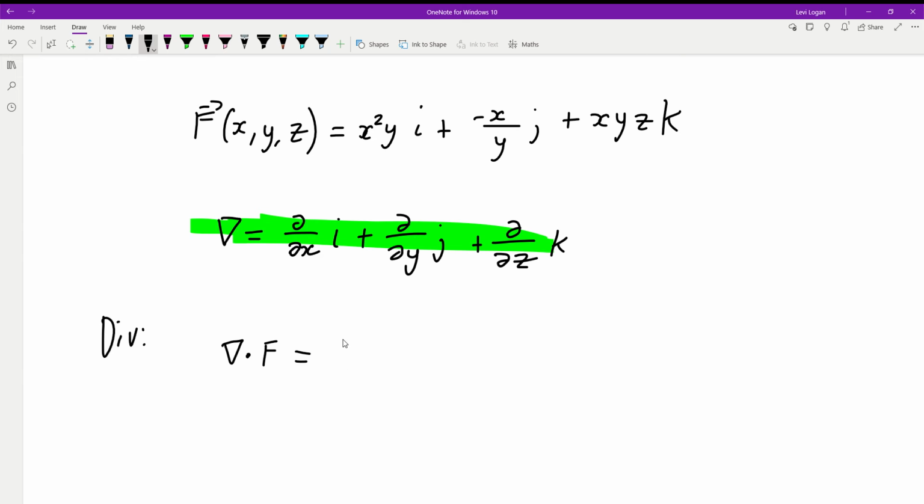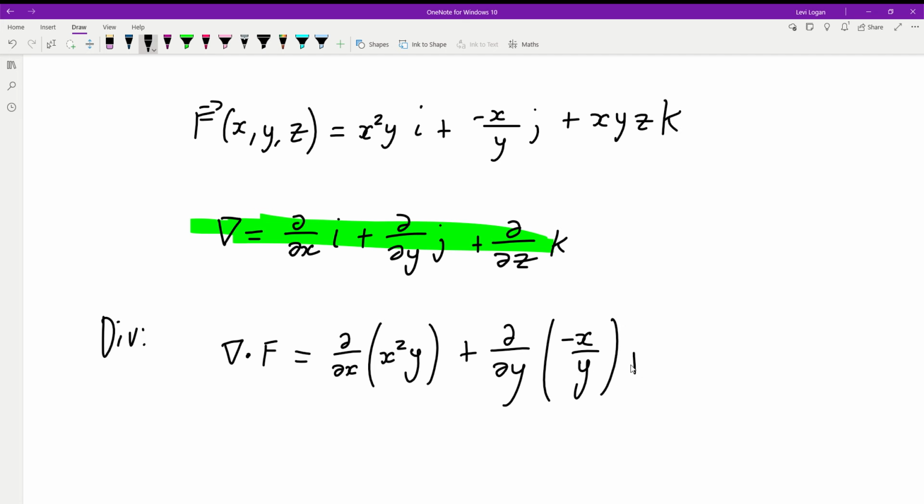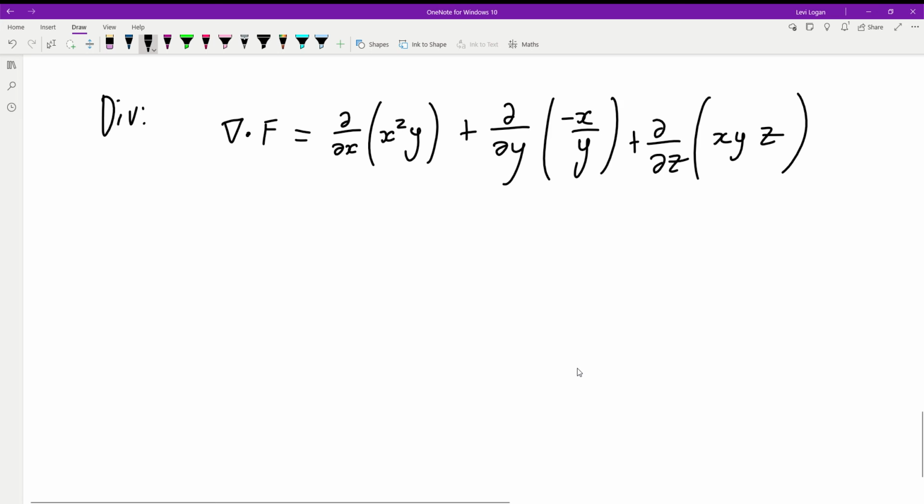So it's just going to be d of x of this thing here, so x squared y, plus d of y times by this thing here, negative x on y, plus d of z on x, y, and z. Okay? Now, when looking at this thing here, you've got to differentiate with respect to the corresponding variable, because the other variables are now treated as constants because of the partial derivative.